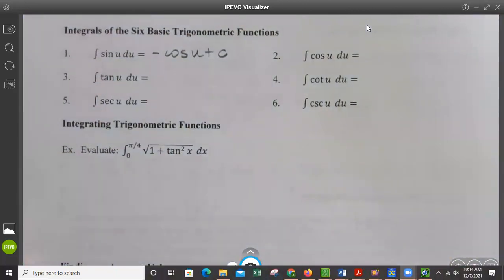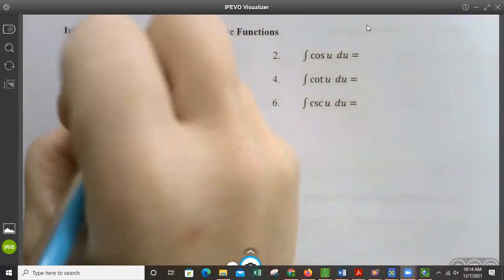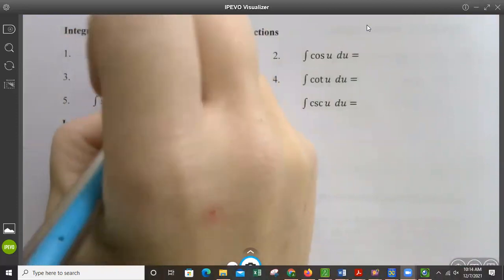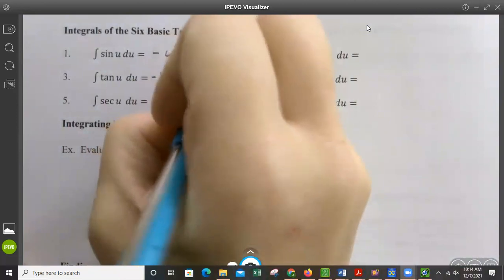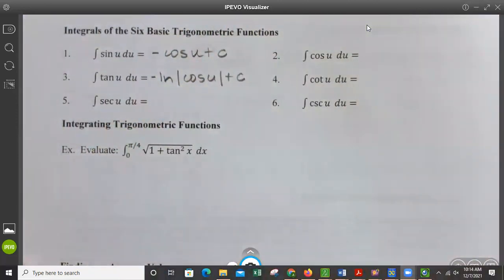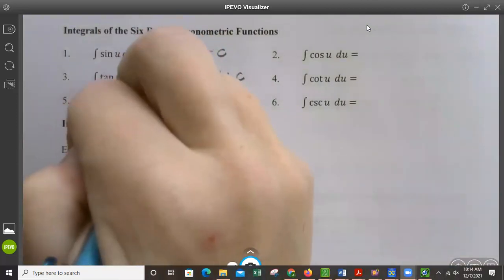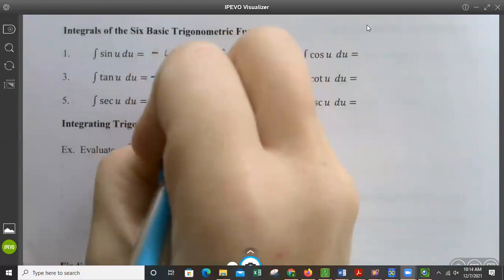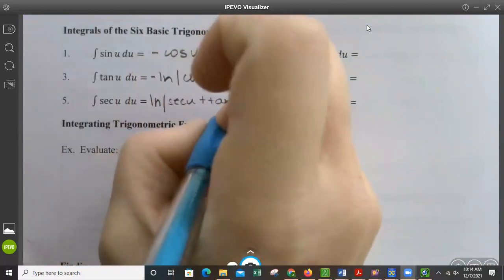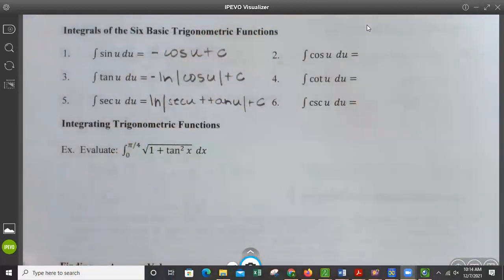Tan u, we figured out, was negative ln absolute value of cosine u plus c. We just did that one. And then we just did secant u, which was ln absolute value of secant u plus tan u plus c.